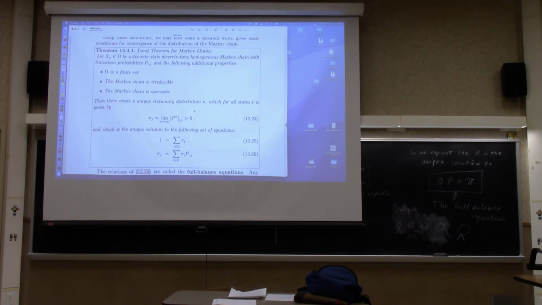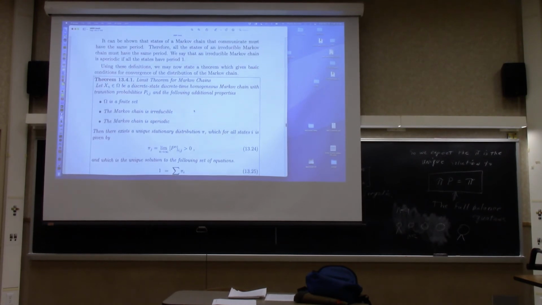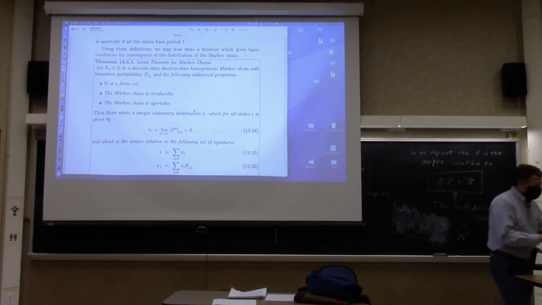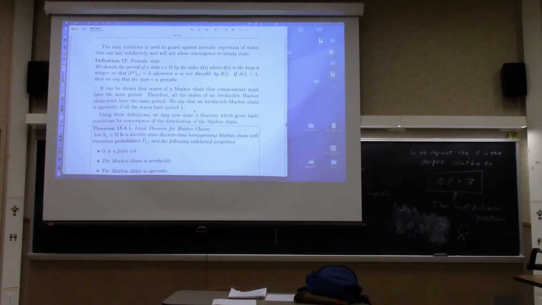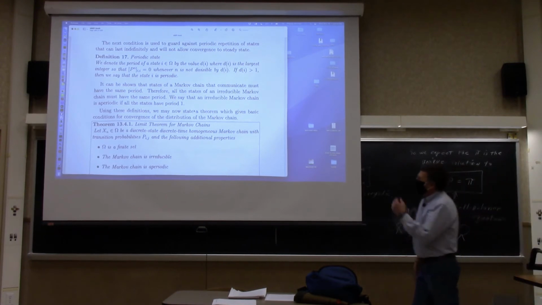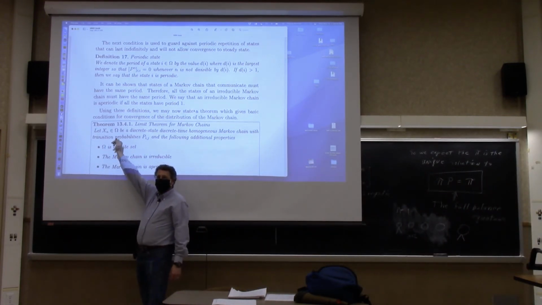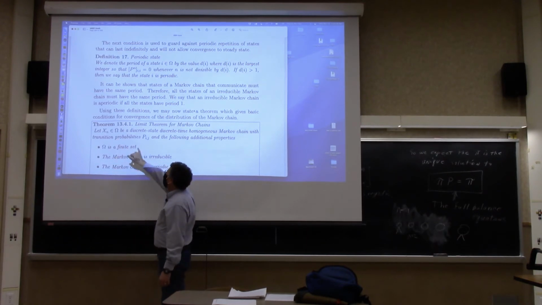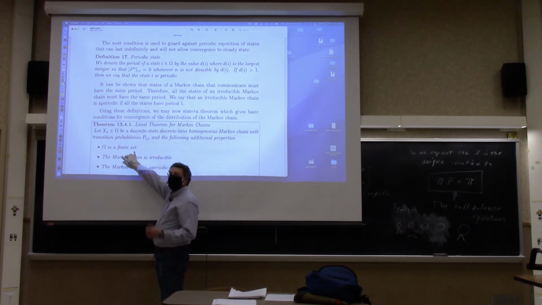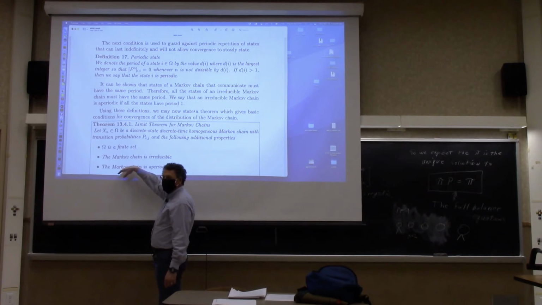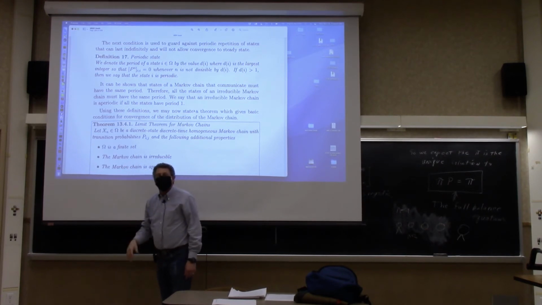So now, here's the theorem. Here are the 3 conditions. Omega is finite. Omega is the set of states. It's a discrete set of states, but it's finite. Why do you have finite? These are sufficient but not necessary conditions for the thing to be ergodic.